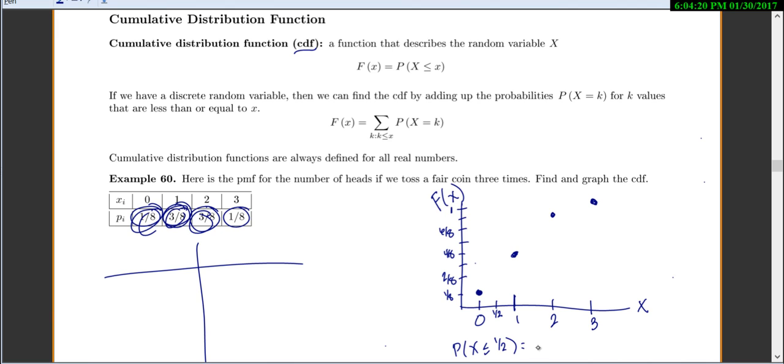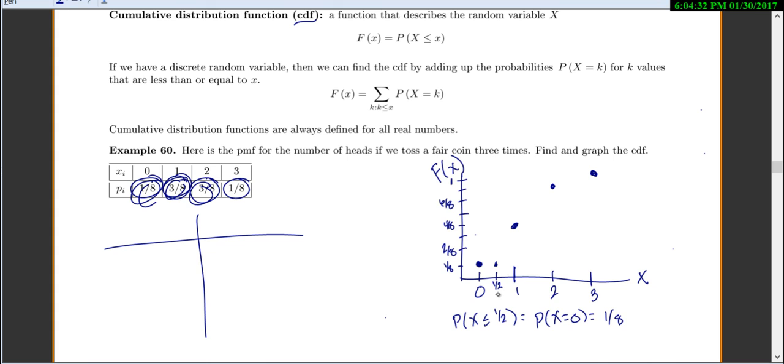To get x less than or equal to 1/2, that's basically just the probability that x equals 0, which is 1/8. So at 1/2, it should be 1/8 as well. Or like the probability that x is less than or equal to 0.9, that's really just the probability that x equals 0 because that's the only possible value less than 0.9. So it'd still be 1/8.